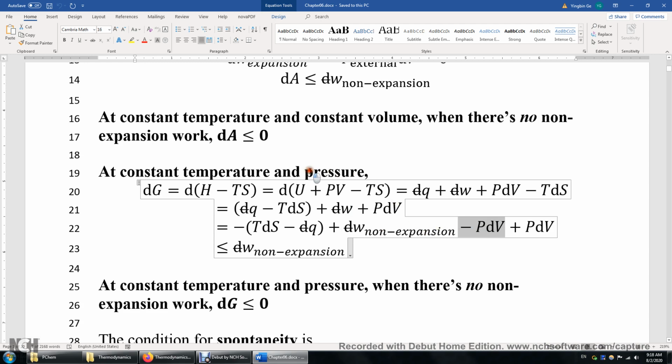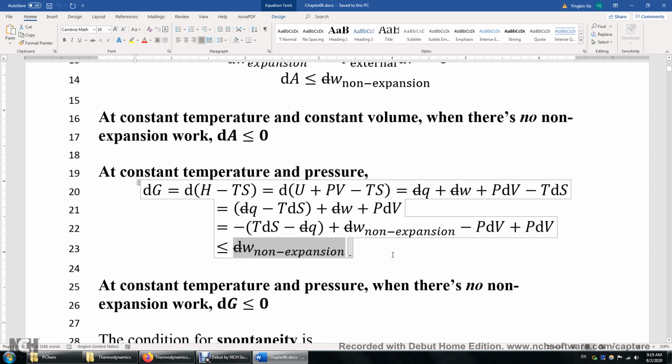However, this is a constant pressure process. Therefore, P external is equal to P. Therefore, we are putting this negative PdV here as the expansion work. It cancels with PdV. So, the conclusion: at constant temperature and pressure, dG is less than or equal to dw non-expansion.